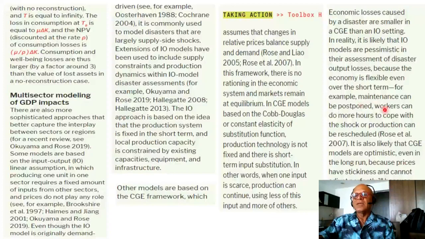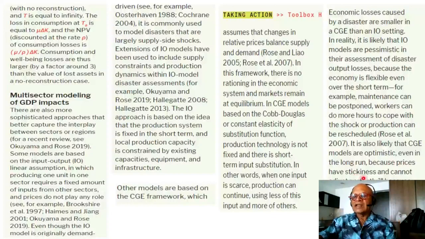For example, maintenance can be postponed, workers can do more hours to cope with the shock, or production can be rescheduled. So this is kind of total factor productivity inputs that can be somehow managed to keep the total factor productivity at the same level or recovered quickly.